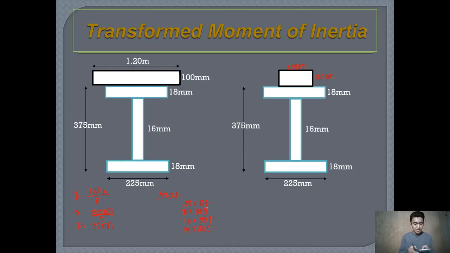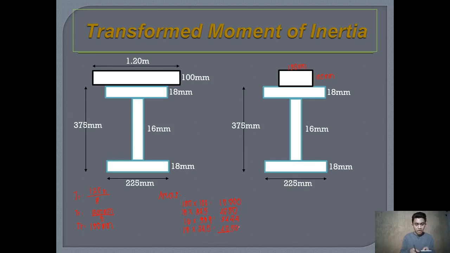So 150 times 100 is equal to 15,000 mm squared, and then I have 18 times 225, 4,050, and then 16 times 339, 5,424, and then this is also 4,050.